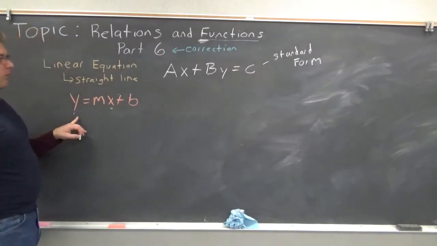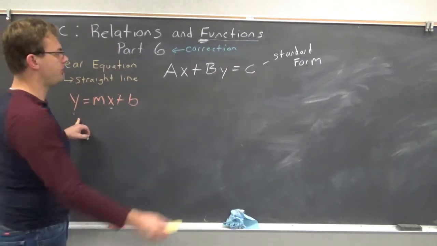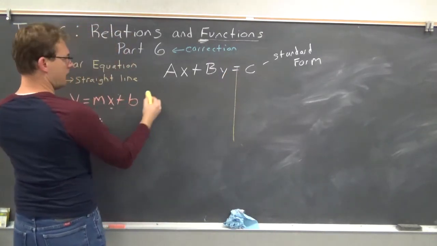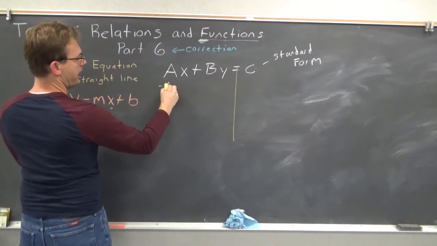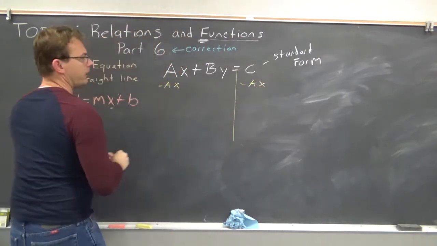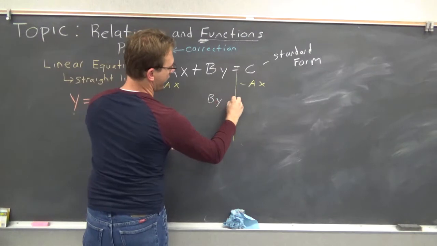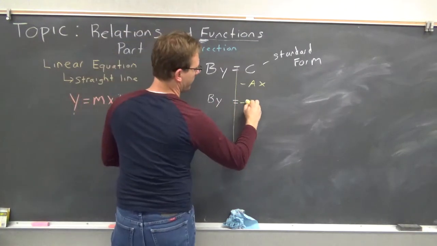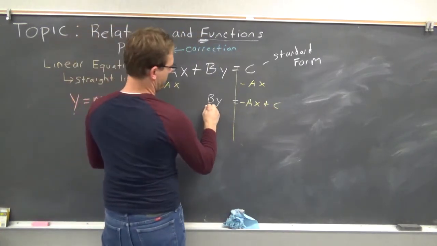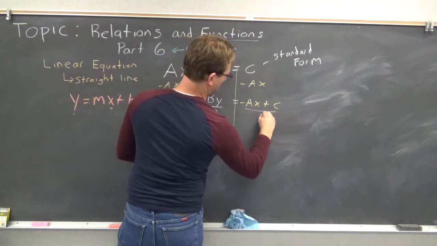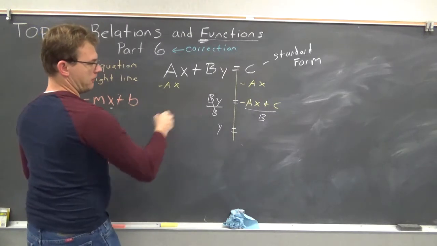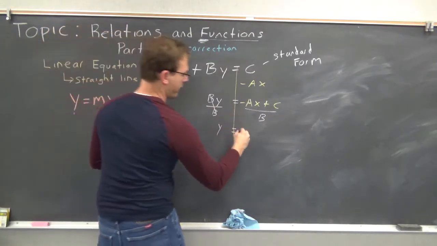Well, we want to have y by itself. So you would go, you know, ax minus ax here, and that would give you the by, and then this would give you the negative ax plus c. And then you can divide by b and get y equals that form there.